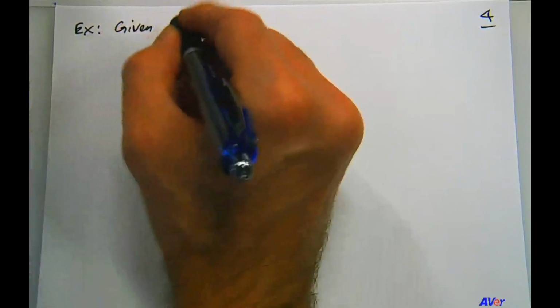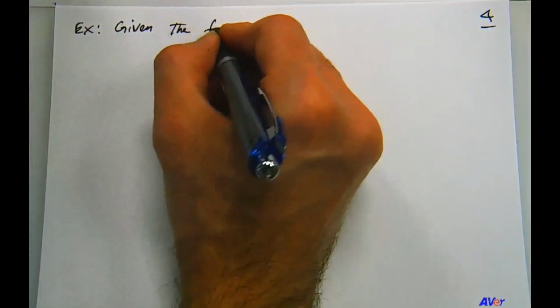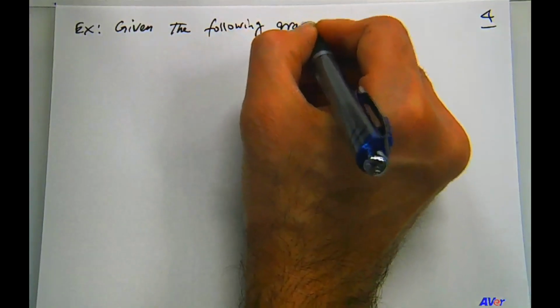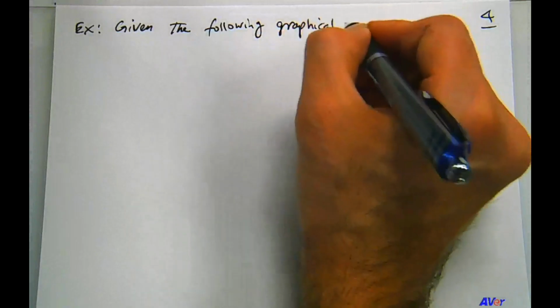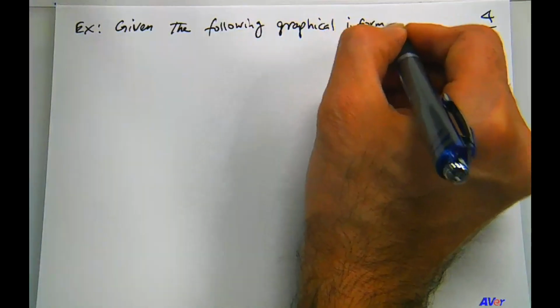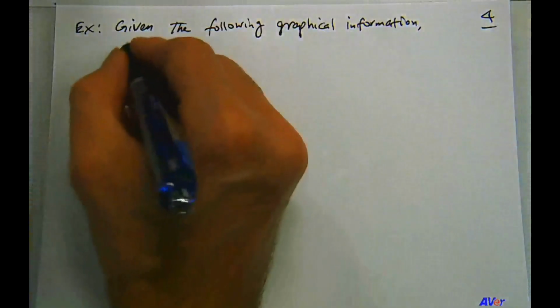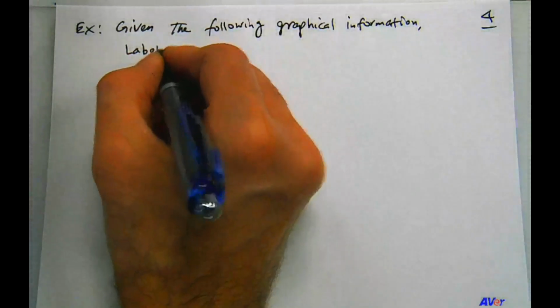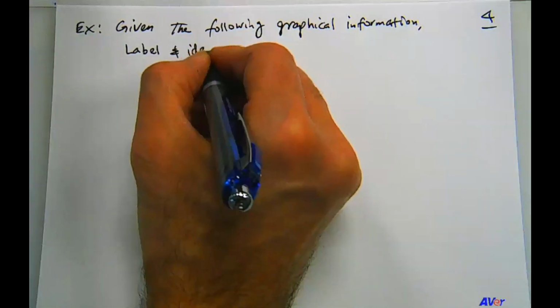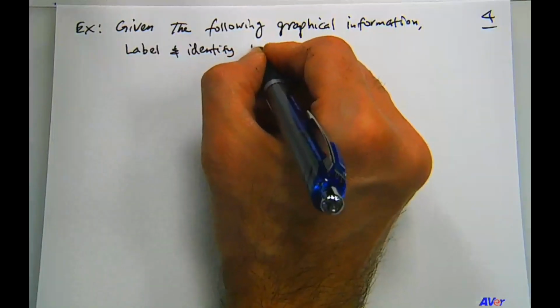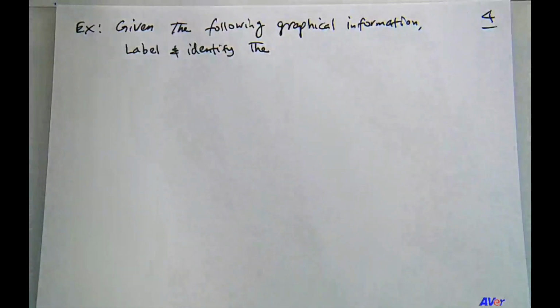Given the following graphical information, identify and label the vertices.